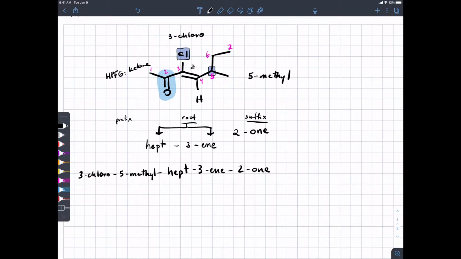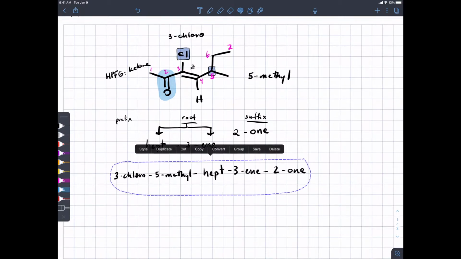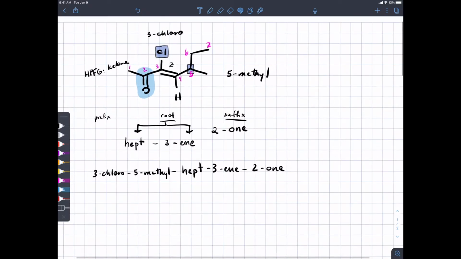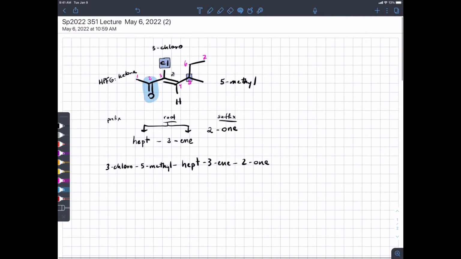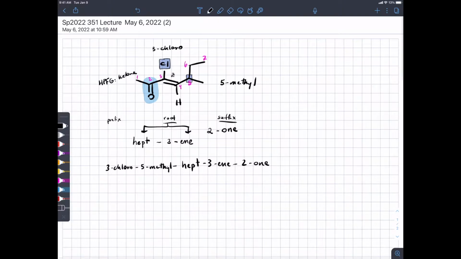Quick question. If we were to switch the ketone group and the 5-methyl group, just for ordering purposes, would the 1 be at the 7 to maintain the lowest number for the highest? Okay. Hold on. I've got to draw what you're proposing, because the methyl group would be switched to the number 2.